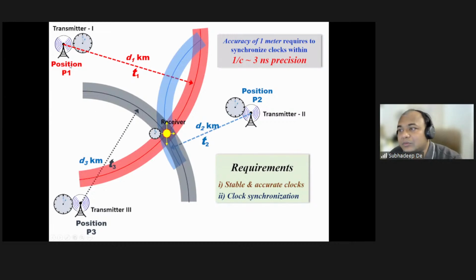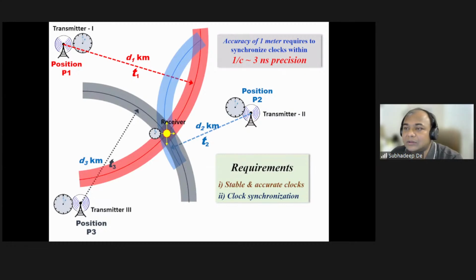Otherwise it won't work, because the data packet is carrying time information, and this clock and that clock have to be synchronized. If they are not synchronized, then the time difference will be miscalculated, and then the distances d1, d2, d3 will be completely miscalculated. So one important thing is having a very accurate, stable clock in all these devices, including transmitters and receivers, and all these clocks have to be synchronized.